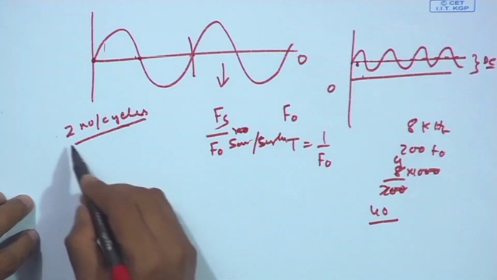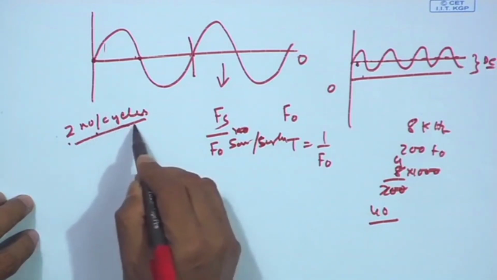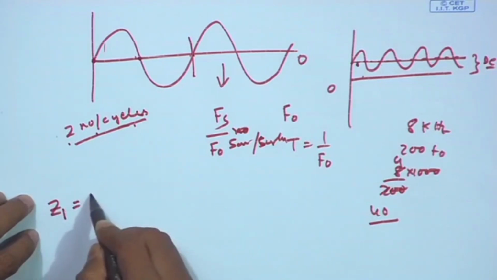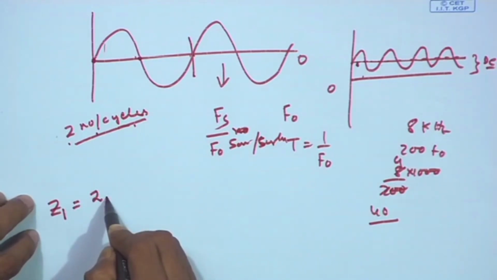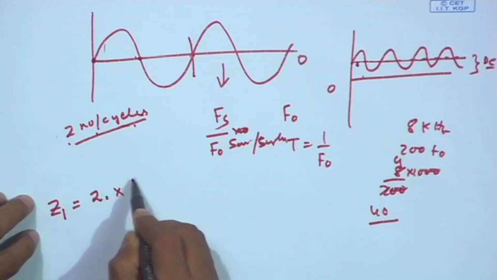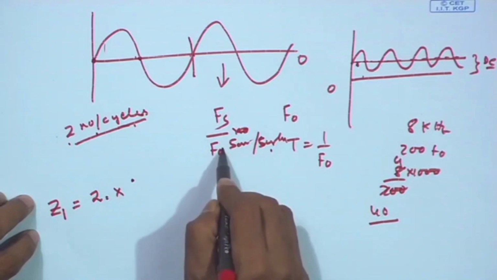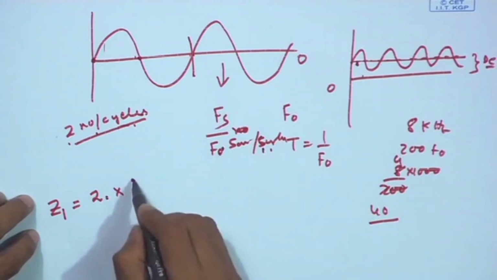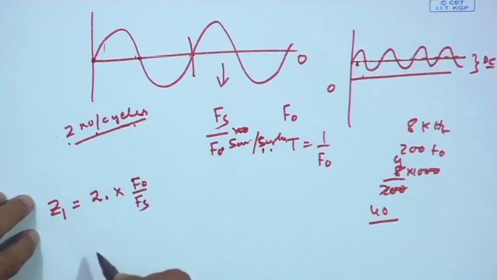Now, there are 2 zero crossings per cycle. So, the number of zero crossings Z1 is equal to 2 crossings per cycle into cycle per sample. This is samples per cycle, so cycles per sample is nothing but F0 by Fs.